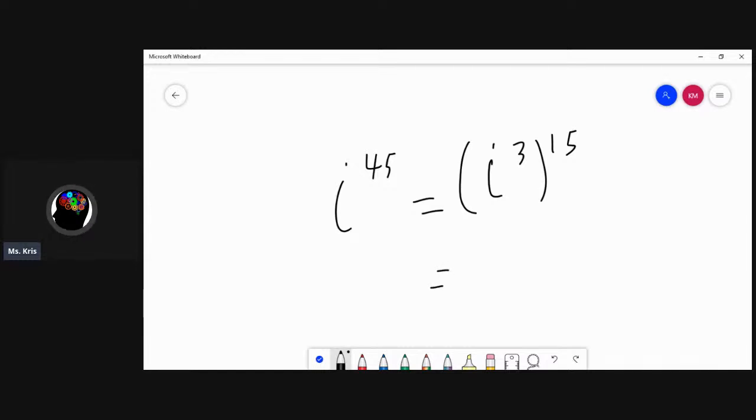It'll still be where I have to do negative i to the 15th. And of course, once you raise that to the 15th power, you break those down.